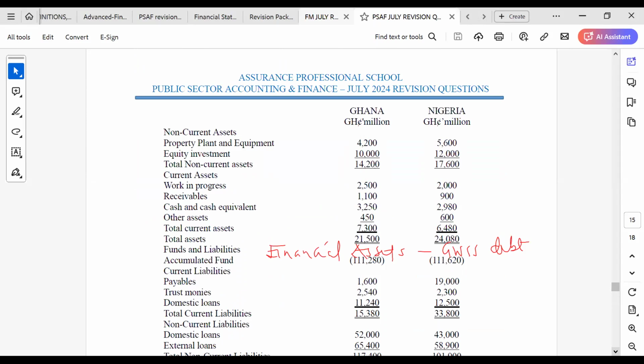So we have 1,300, 111 plus 3,250 plus 10,000. I'm getting 14,350 for Ghana. Is that confirmed?